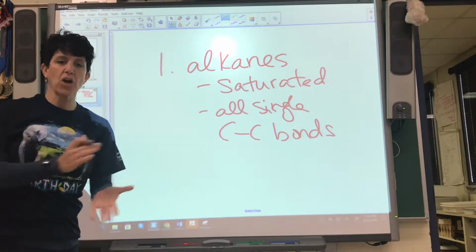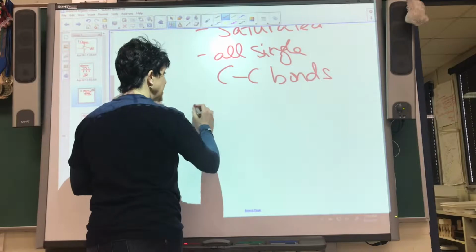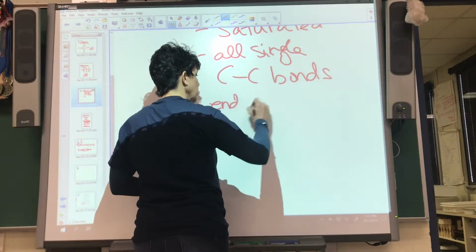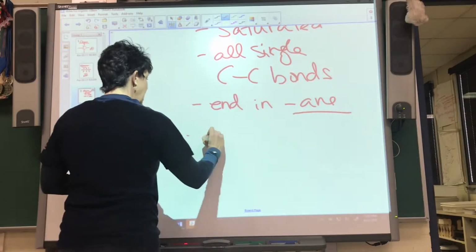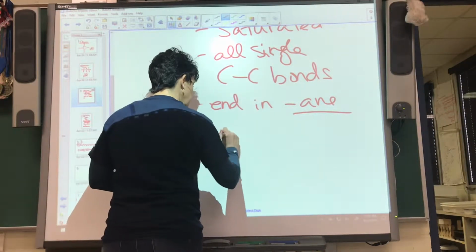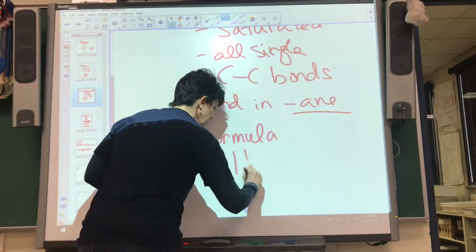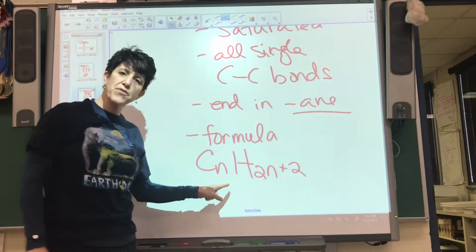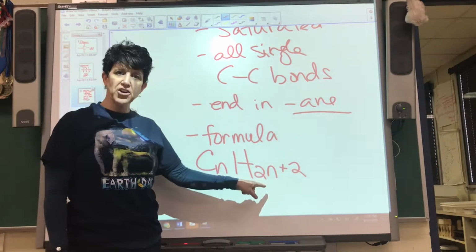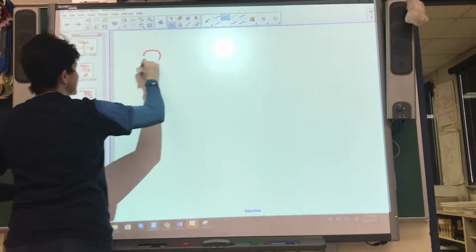Every carbon-carbon bond has to be single in an alkane. The ending is ane, and the formula is CnH2n+2. So however many carbons you have, to figure out your hydrogens, you double it and add 2. All right, now I'm going to move on to the next type.